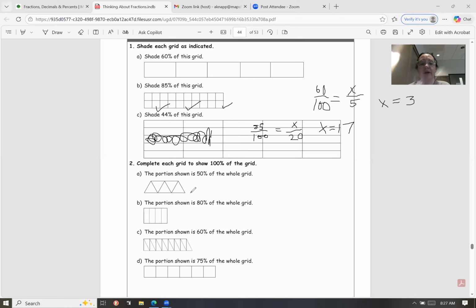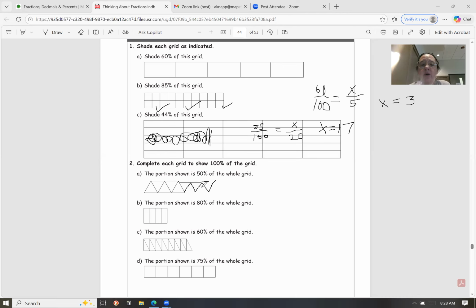I think it'd be kind of cool to flip it over and slide it to get a replica of it. But we could also count triangles. There's 1, 2, 3, 4, 5 triangles here. So we need 5 more to get 100%.